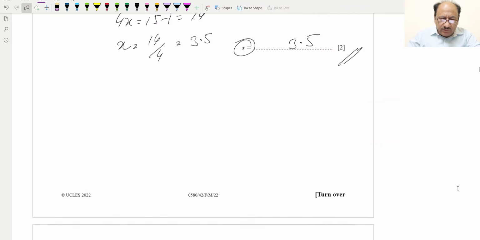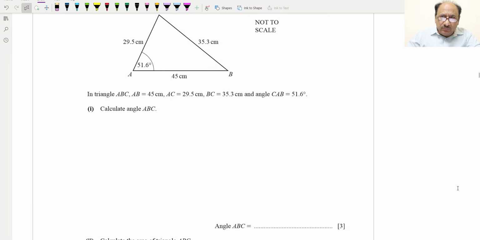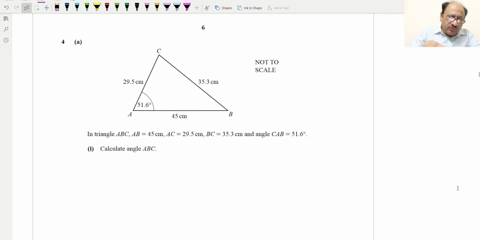Hopefully you understood this. Now we can move to question number 4, and question number 4 says the diagram provided is not to scale, and in the triangle ABC, AB is 45, AC is 29.5, and BC is 35.3. And angle CAB is 51.6. Calculate ABC.